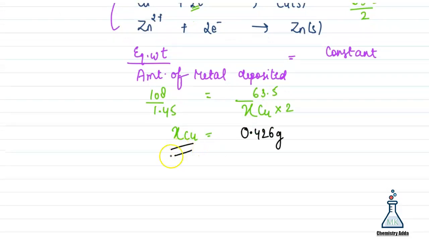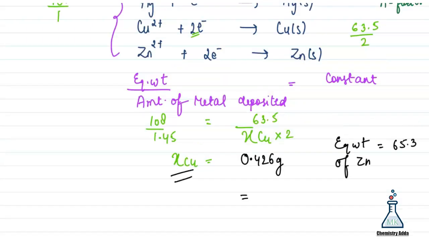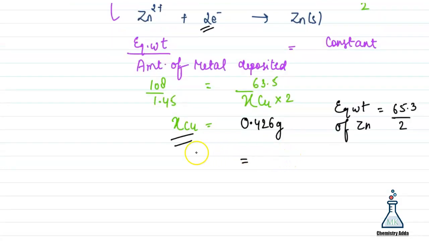Now similarly, we can find for zinc. Just use the equivalent weight of zinc, which equals its molecular weight, 65.3, upon the n factor of zinc, which is 2, since the valency or number of electrons is 2. Now we can write it equal to 108 upon 1.45.